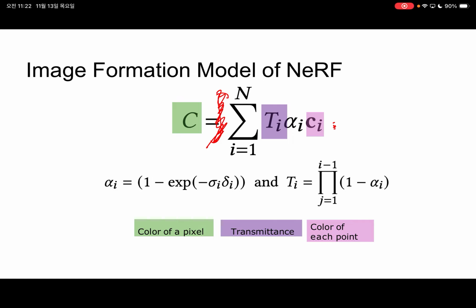T is the transmittance, alpha is this one, Ci is the color, right? And this one is the estimated density, and this one is the pixel color. We simply accumulate transmittance, density and color, where transmittance is the accumulated density.